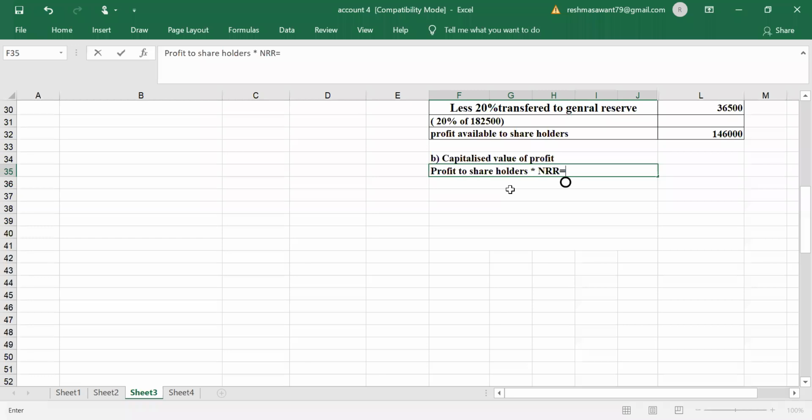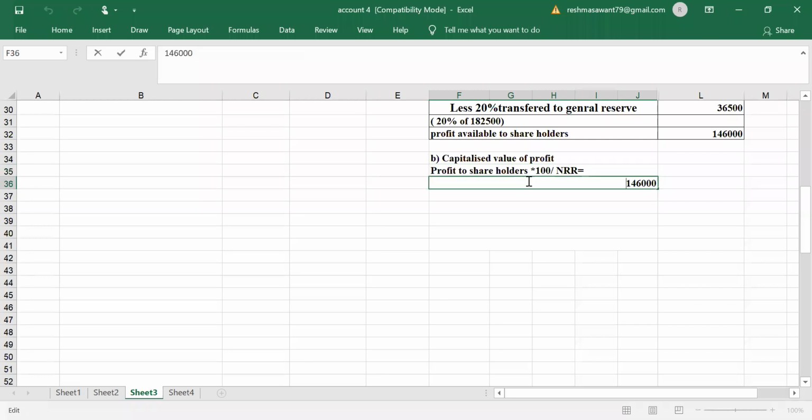So now we use this formula: profit to shareholder, that is 1,46,000, into 100, divided by NRR.